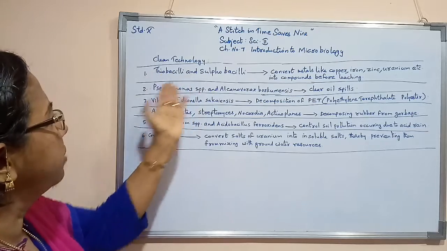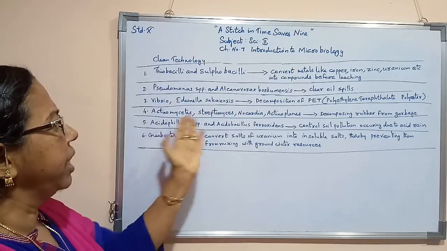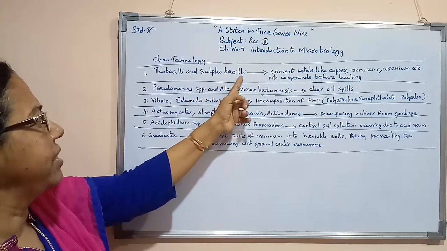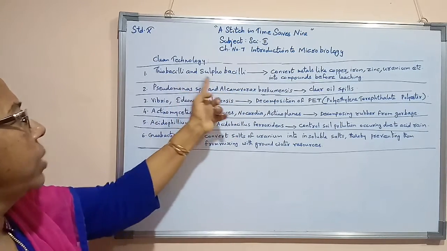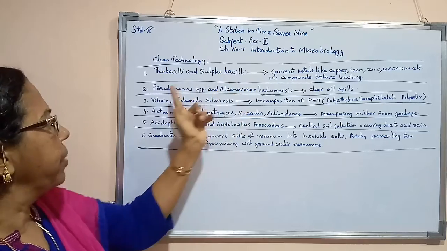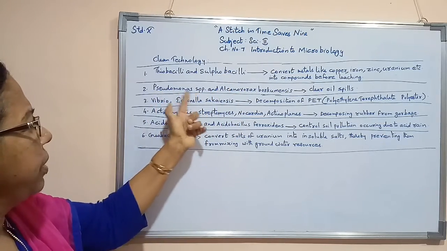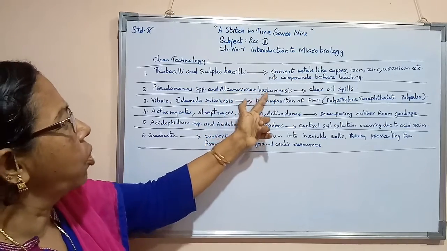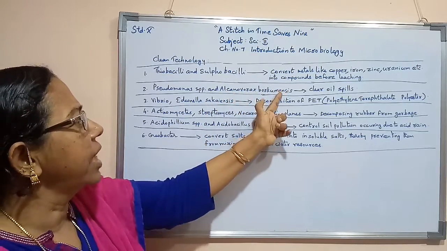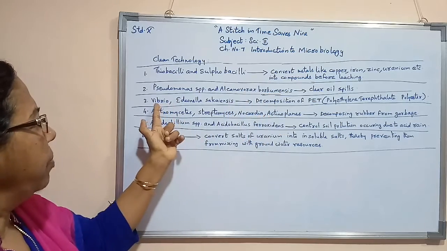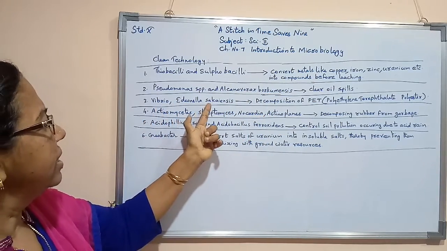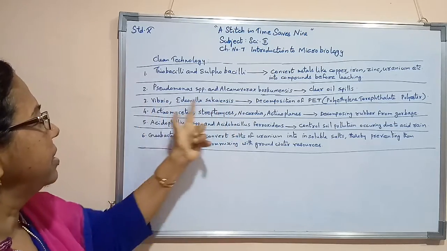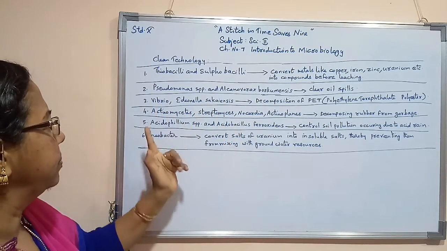Here now, different types of microbes' names are given. Thiobacilli and Sulfobacilli, the names of two types of bacteria. Pseudomonas spp, one type of bacteria, and Alcanivorax borkumensis, another type of microbe. Vibrio, Idionella sakaiensis, another type of microorganism.